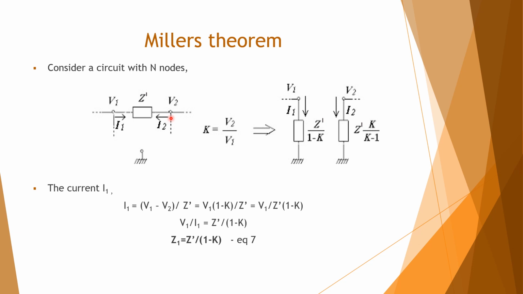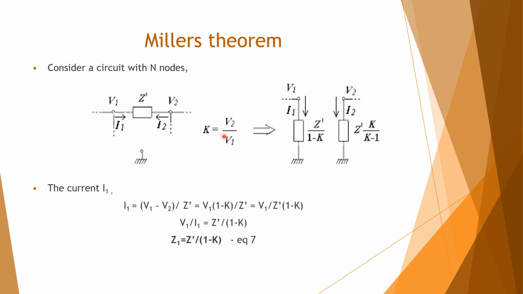I2 is flowing from output to input, and there is a resistor placed across V1 and V2, where V2 by V1, that is the voltage gain across these two nodes, is defined by K.